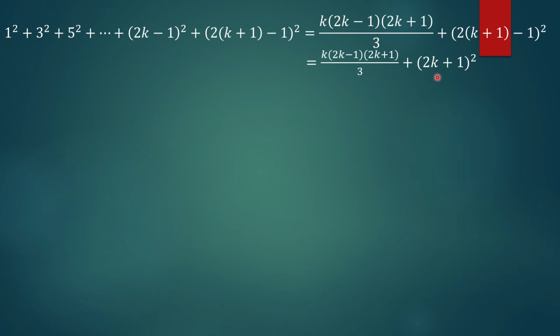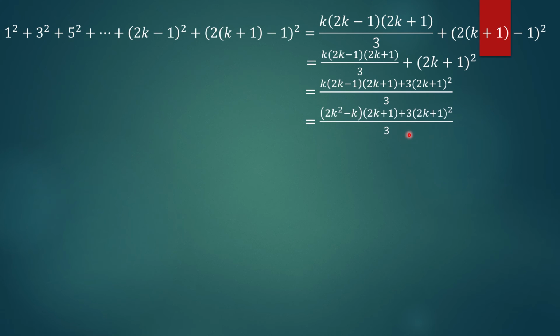And by distributive property, we have k times the quantity of 2k minus 1 times the quantity of 2k plus 1 all over 3 plus the quantity of 2k plus 1 squared. And by getting the LCD or the least common denominator, we have k times the quantity of 2k minus 1 times the quantity of 2k plus 1 plus 3 times the quantity of 2k plus 1 squared all over 3.